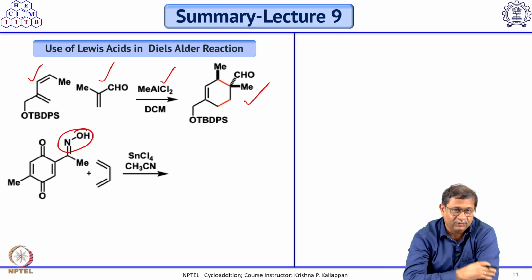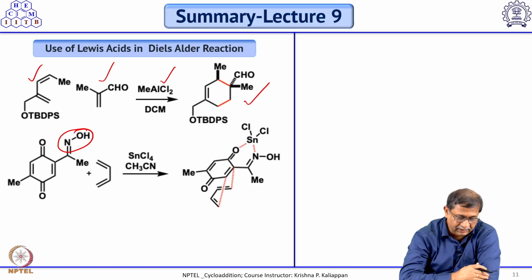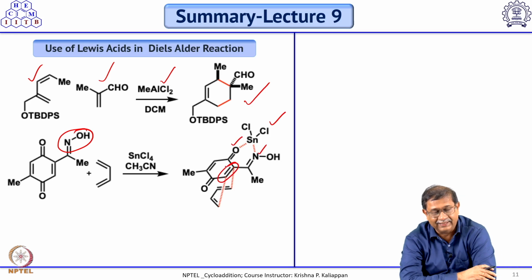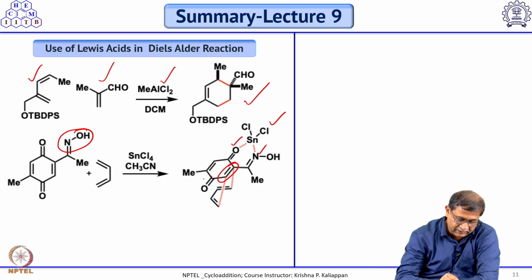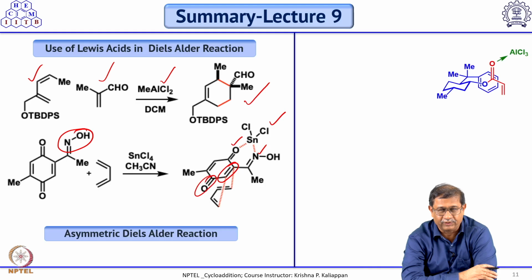If Lewis acid was not used, you get exactly the opposite regiochemistry, because the use of tin tetrachloride, which coordinates nitrogen and oxygen, makes this double bond more reactive towards the Diels-Alder reaction with butadiene. Otherwise, you can see this carbonyl group will determine the regiochemical outcome of this bond.